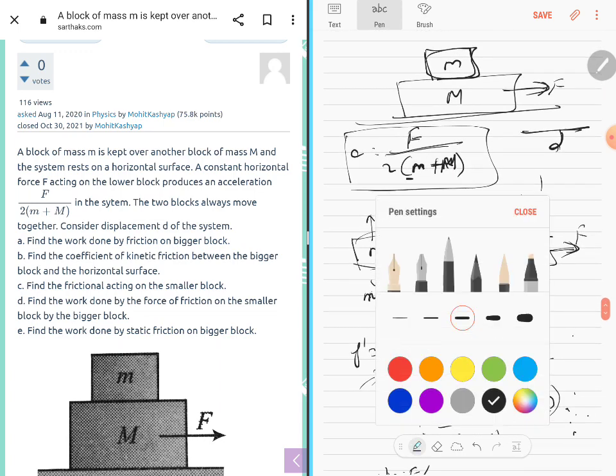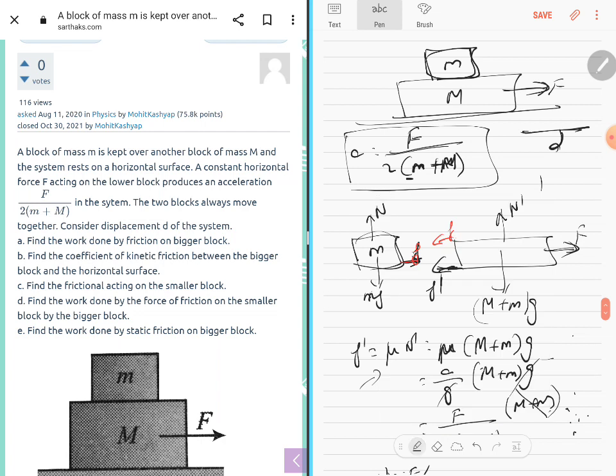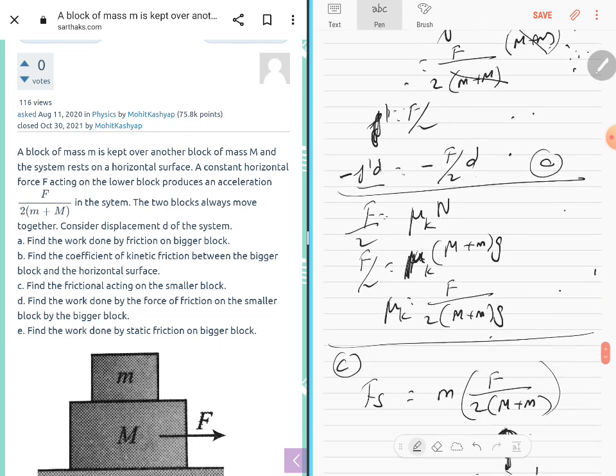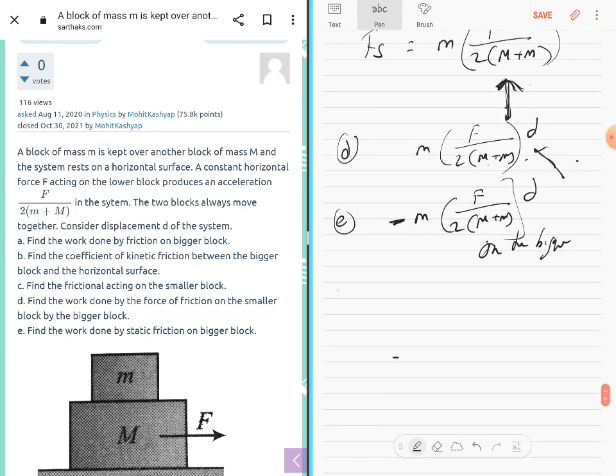Yes, can you see that this is in the negative direction? So the work done on the bigger block is negative, while the work done by the frictional force on the smaller block is positive. The forces are in opposite directions, you can infer that. Such a beautiful question.